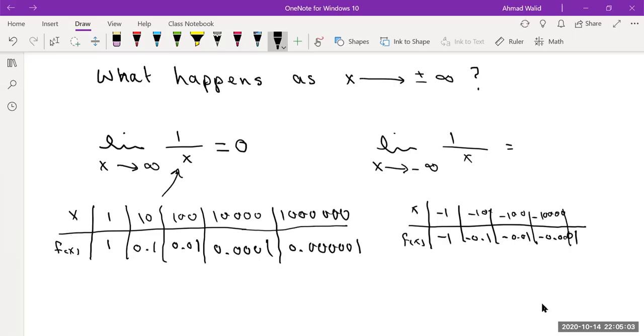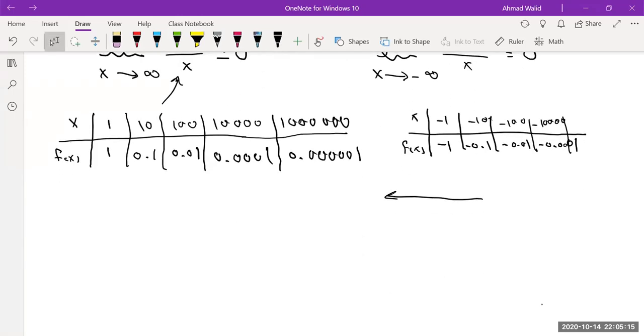Again, you see, as x approaches the left, negative infinity, your function is approaching what? To 0, correct? We call that y equals 0 a horizontal asymptote, correct?